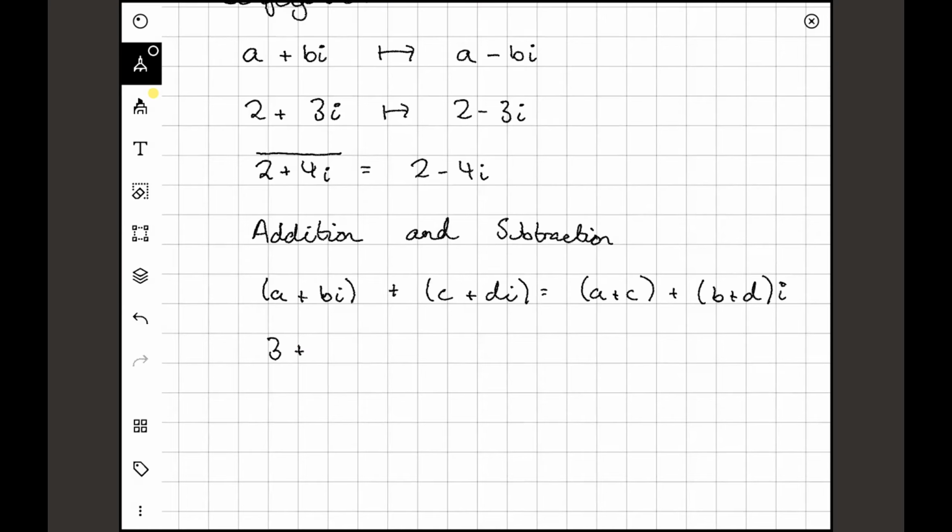So if we have 3 plus 4i plus 2 plus 7i, we get 3 plus 2, which is 5, plus 4 plus 7 gives us 11i. Right, we added the 3 and the 2, we added the 4 and the 7.